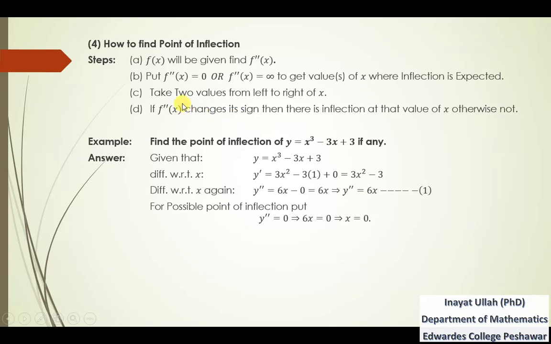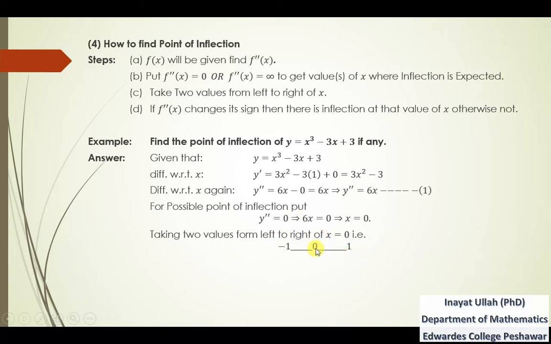We need to take two values of x from left to right of x equal to 0. The left side value is minus 1 and the right side value is plus 1.